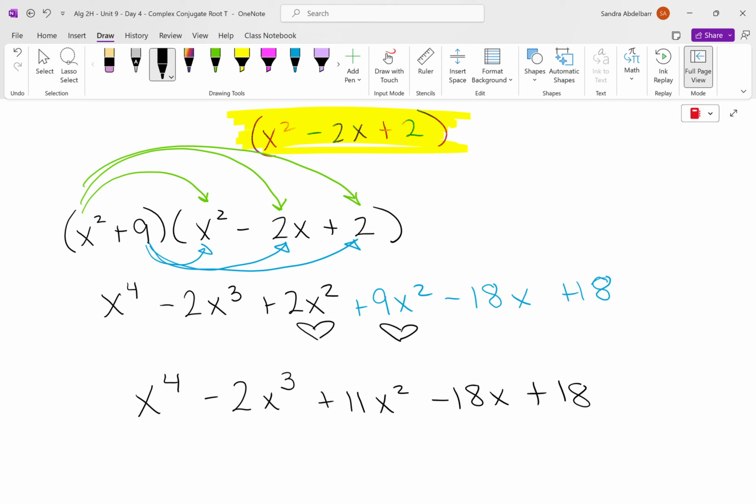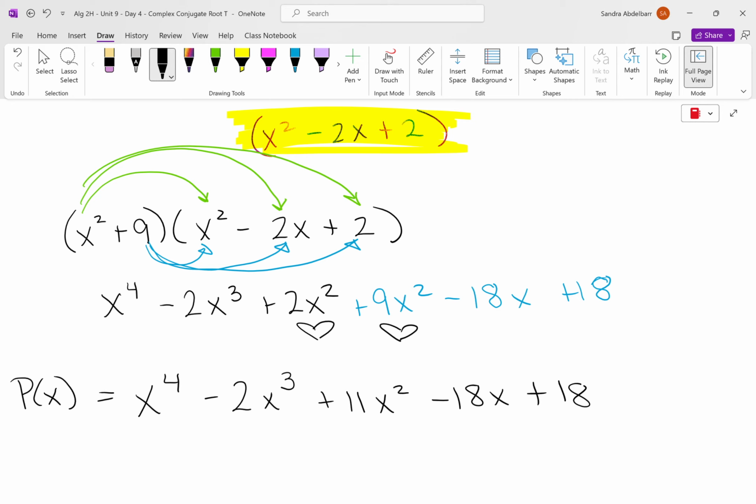Now, did I say find the equation, or did I say find the polynomial? What were the directions? Find the equation or find the polynomial? James? Polynomial. Because I said find the polynomial, we're going to say p of x equals. What would I have written if I said find the equation? Good.